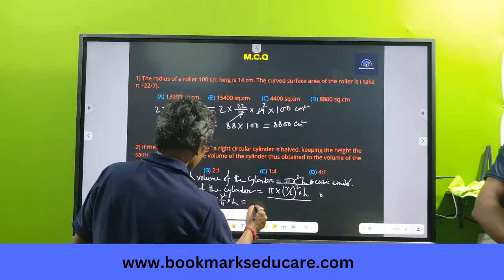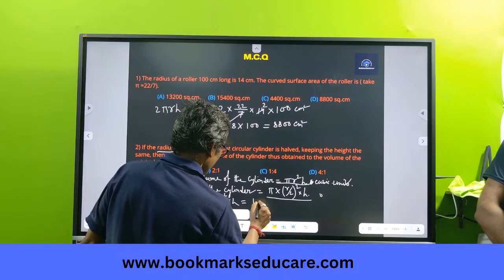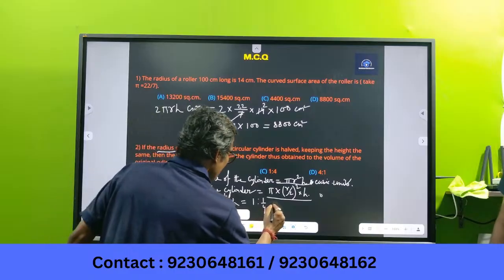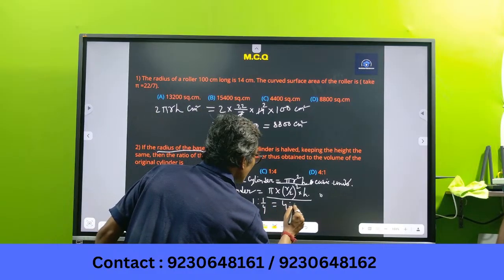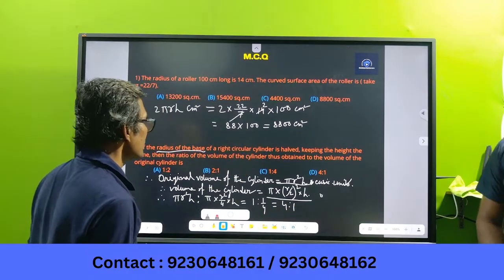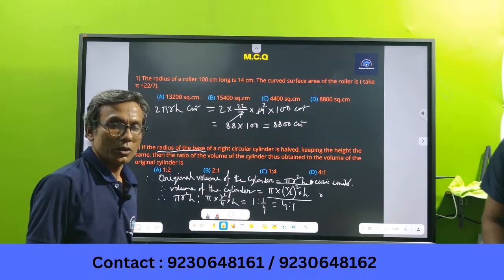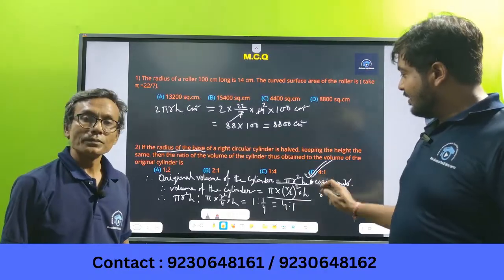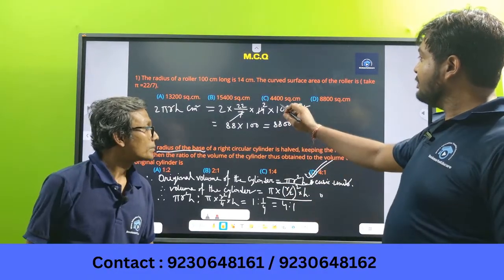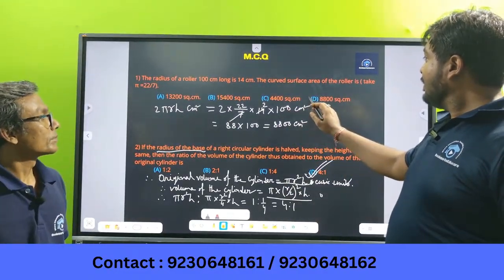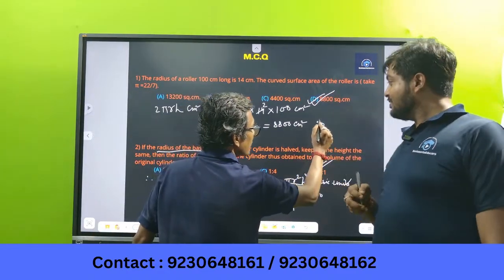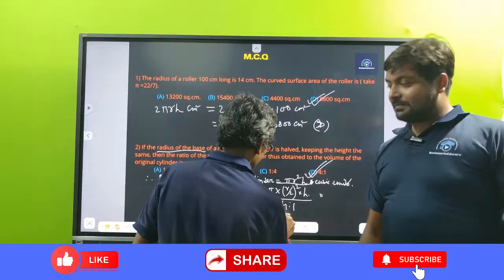So the answer is 4 is to 1, the ratio between the original and the new. So this is the right answer, D. Both the questions have the same right answer, D. Okay.